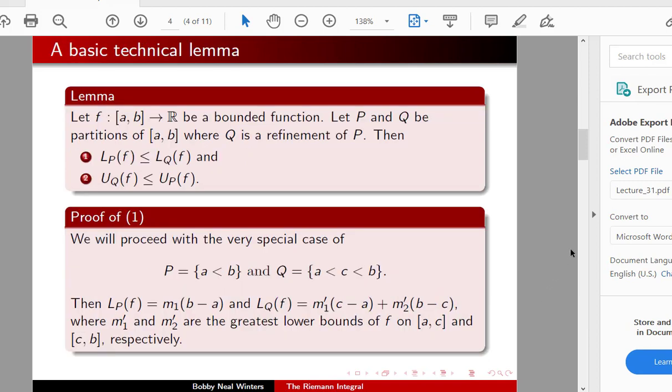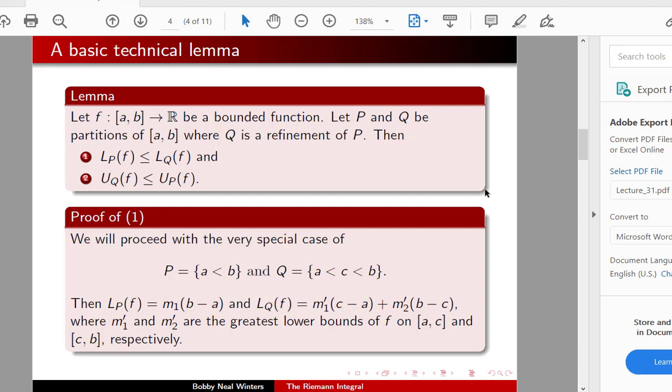Okay, and now we'll talk about a basic technical lemma. Let f from the closed interval [a, b] into the real numbers be a bounded function. Let P and Q be partitions of the closed interval [a, b], where Q is a refinement of P. Then, one, L_P(f) is less than or equal to L_Q(f).